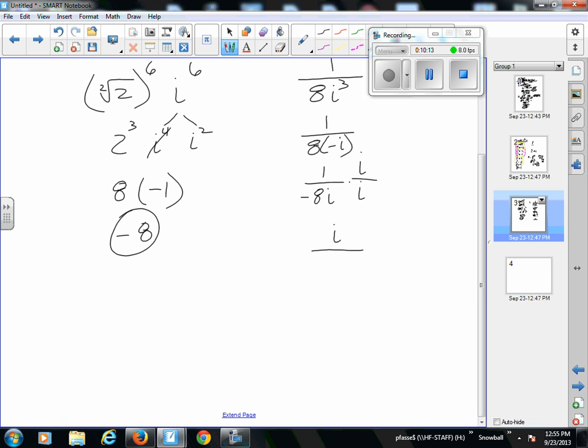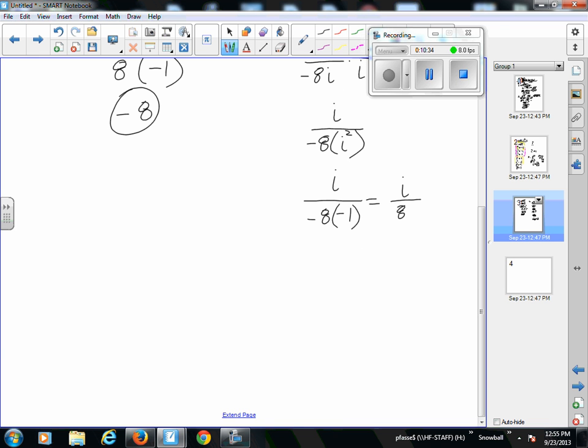That'll give us I in the numerator. We have negative 8. Note you can move the negative up top. I times I gives us I squared, which equals negative 1. So I have I in the numerator, negative 8, going one step at a time, times negative 1, which will turn into 8I over I squared, giving us I over 8. Note, it would be nice to have it in complex number form. If you keep it like that, that'd be fine, but you could also write it as 1/8 I.